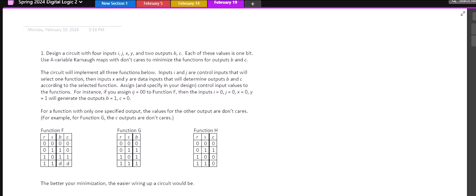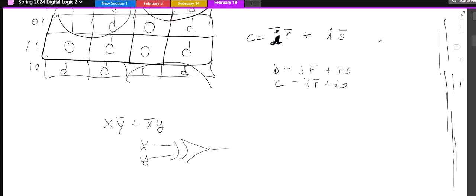So it does not seem like, I feel like in this instance, it's probably just easiest to do got I, J, R, and S, and I'll have B is the OR of J and not R.